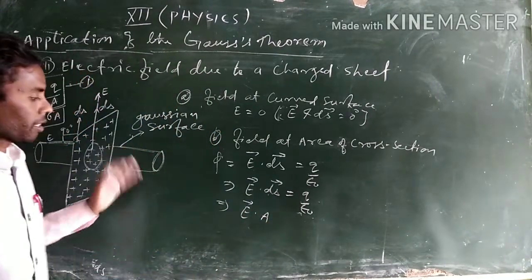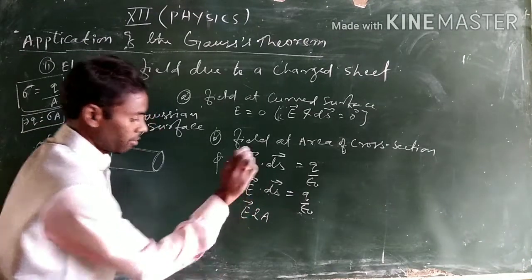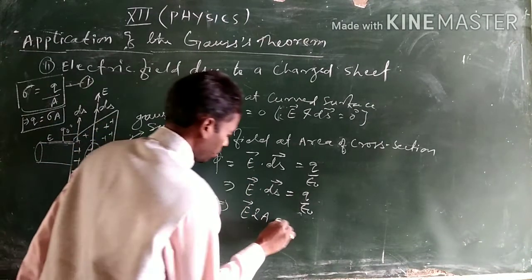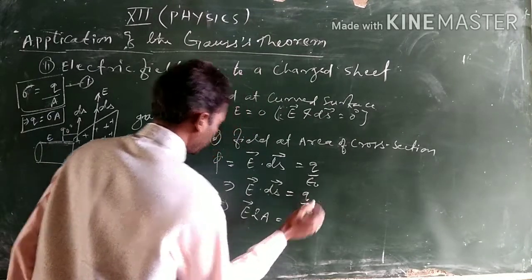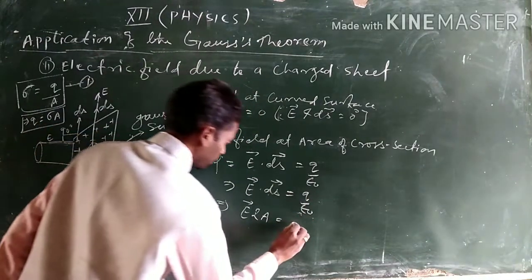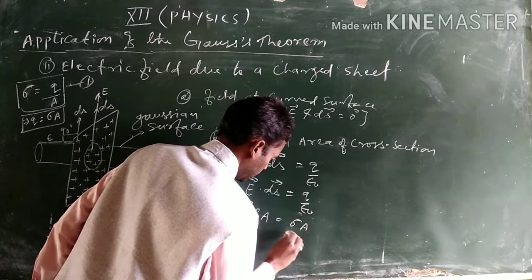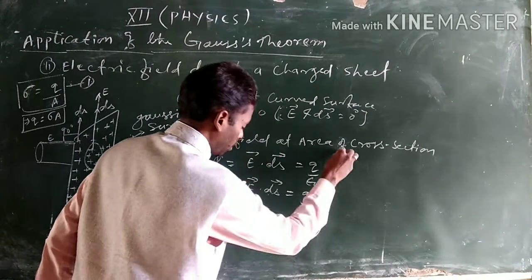There are two faces, that's why we multiply with 2. So E times 2A is equal to the charge Q divided by epsilon naught, that is sigma A divided by epsilon naught.